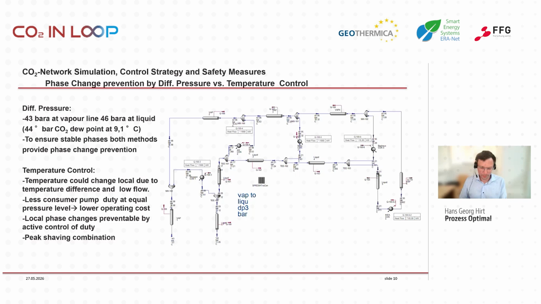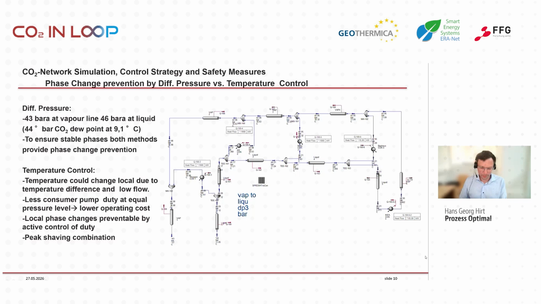But our attempt was another one because of the fact that there are also some flows in between of the consumers, and you want to ensure that you have always the right temperature at the consumer.